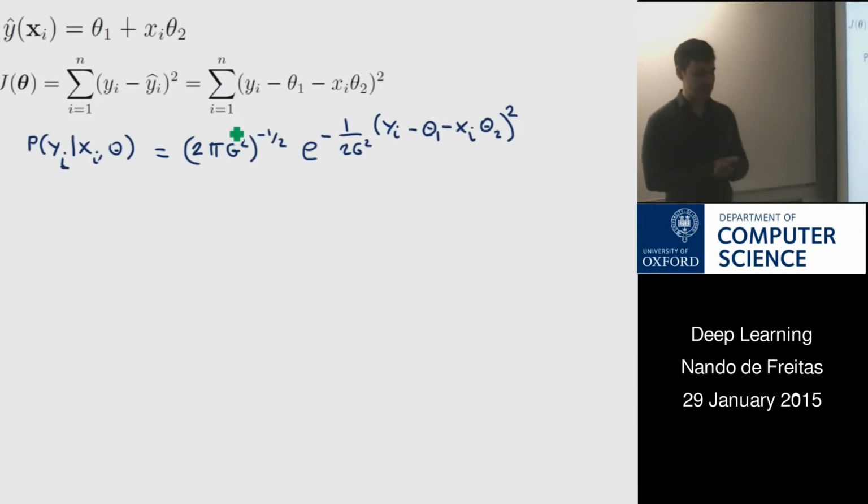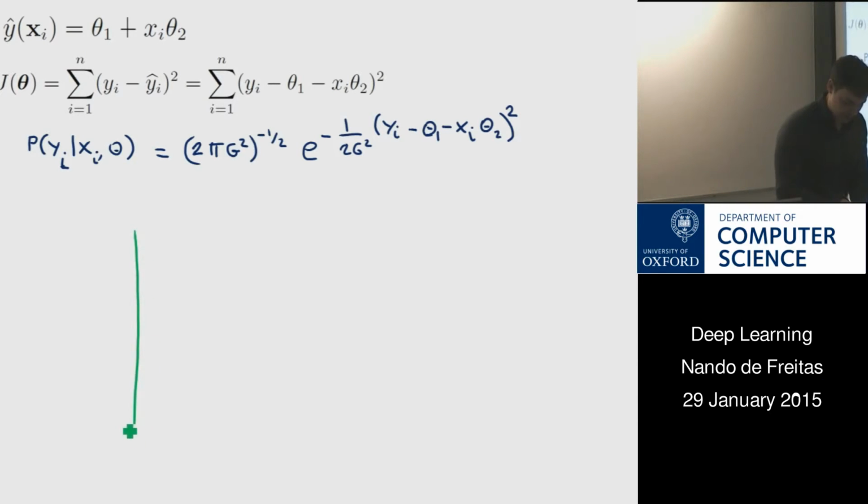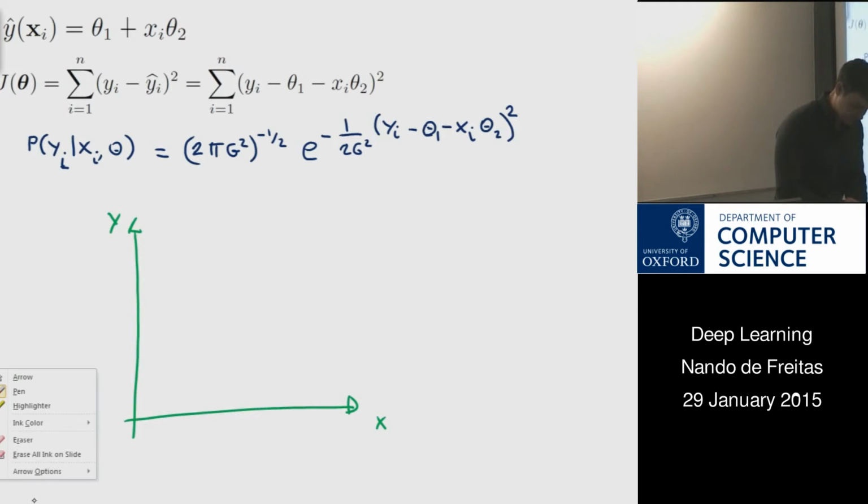Okay, so last week we saw that our model is a line. The setting is, we have the y variable here, we have the x variable, and we observed several points, something like, say, this.